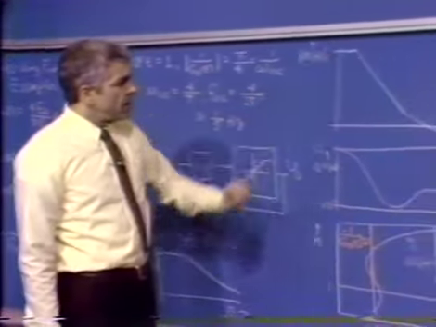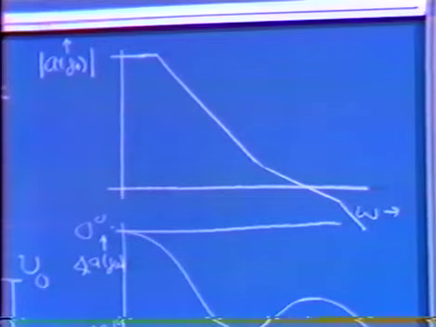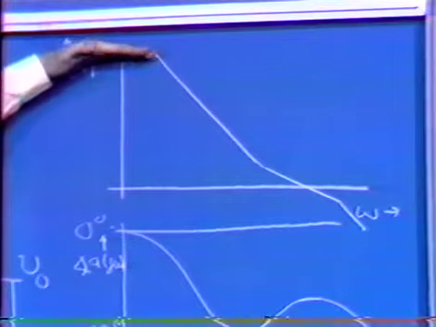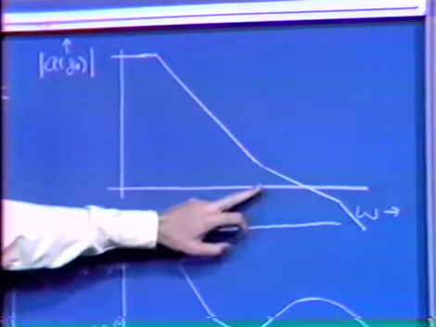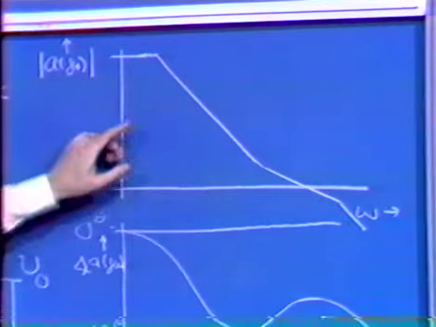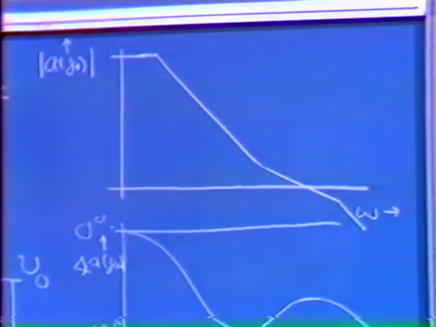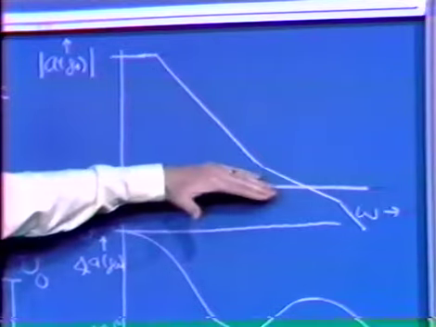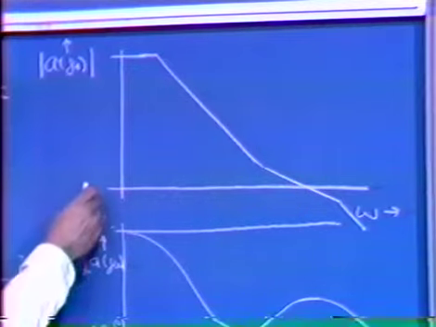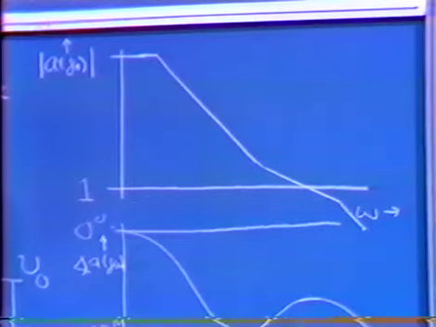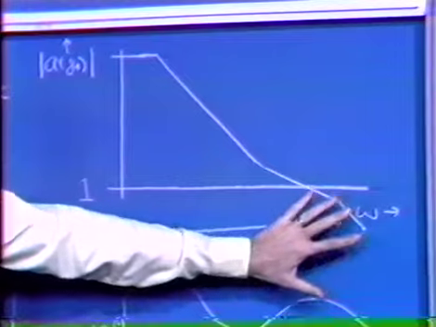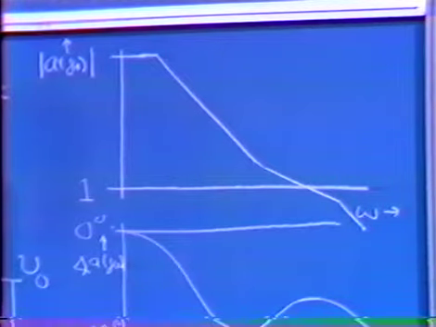Let's consider an A of j omega that might have the form shown here, possibly a constant value at dc, then a long region where the gain versus frequency characteristic, the Bode plot associated with A of j omega, falls off more rapidly than 1 over s, possibly 1 over s squared in this region. We then might break back in the vicinity of crossover. If this is the unity gain point, in the vicinity of crossover, we might break back to a 1 over s slope, and then usually at higher frequencies, something else happens. Additional modes of energy storage become important, and the characteristics once again fall off rapidly.